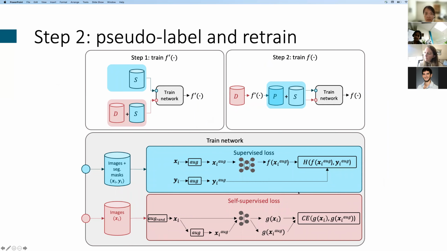So we still have a self-supervised loss. If we say D equals S, if we have labels for all images in our data set, we'll have a supervised loss for 16,000 images, and we'll have a self-supervised loss for 16,000 images. If we only have 10 of the 16,000 labeled, we'll have a supervised loss for 10 images and a self-supervised loss for the full 16,000.